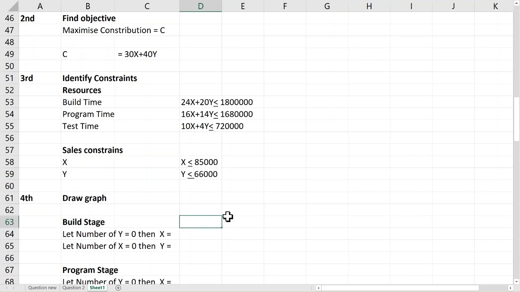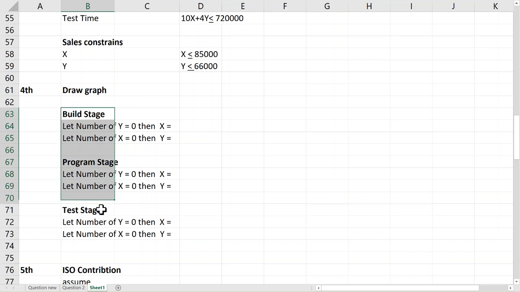Okay, next we draw a graph, which means preparing data for the graph. So what we do is we take all three resources without the sales constraint, the resources constraint. We want to know, for example, for build stage, if we only make x, how many units of x can be made? If we only make y, how many units of y can be made?